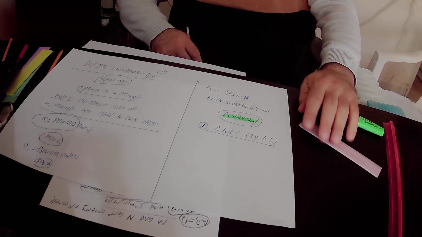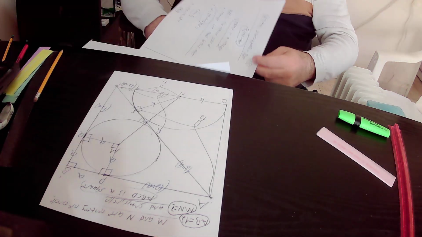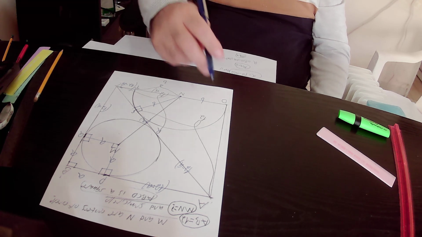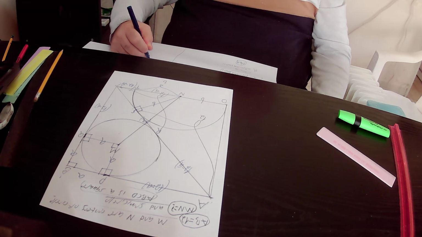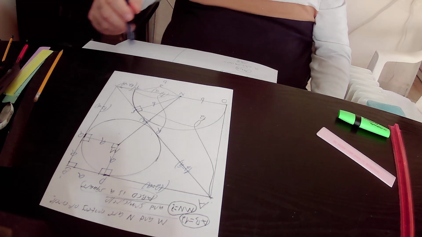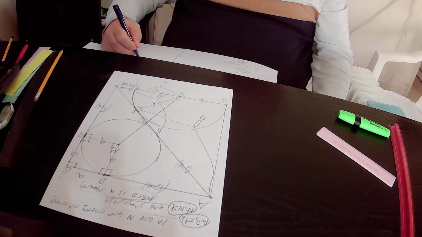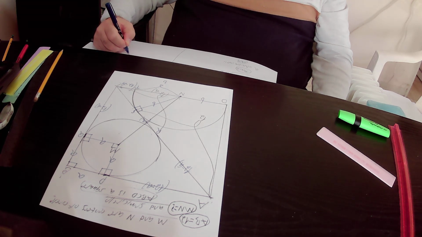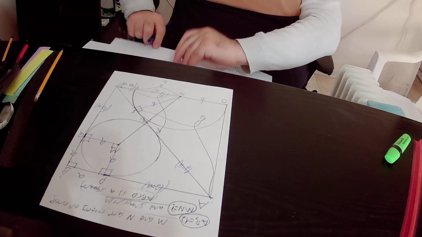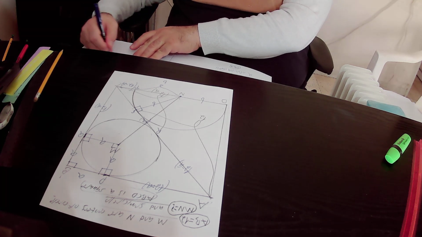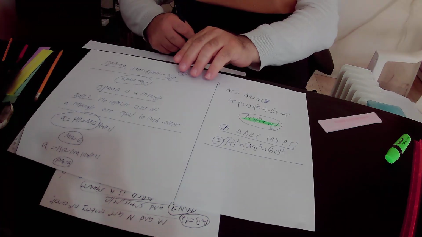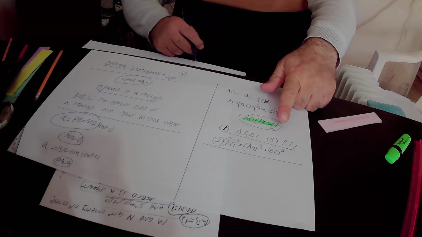So in the right triangle ABC, according to the Pythagoras theorem, the square of the hypotenuse, that is AC square, must be equal to the sum of the squares of the perpendiculars. That is to say, AC square equals AB square plus BC square.